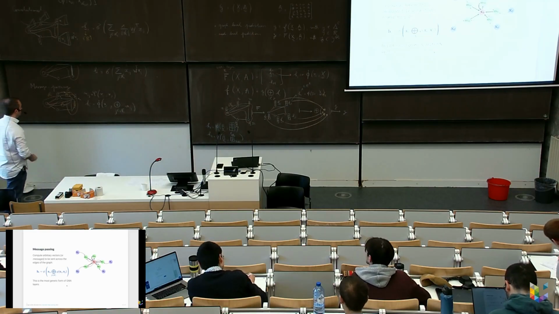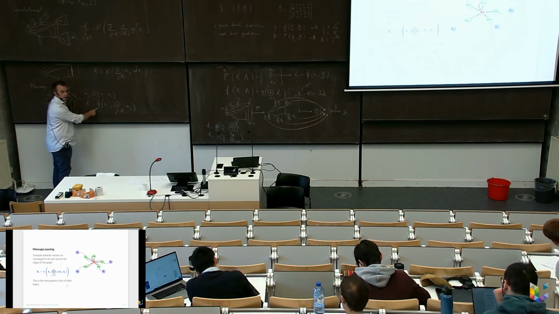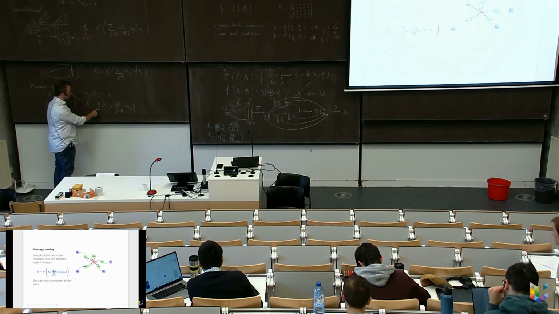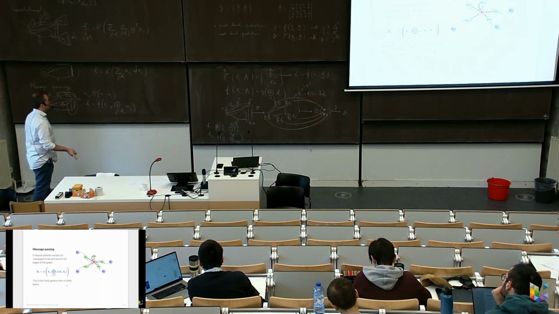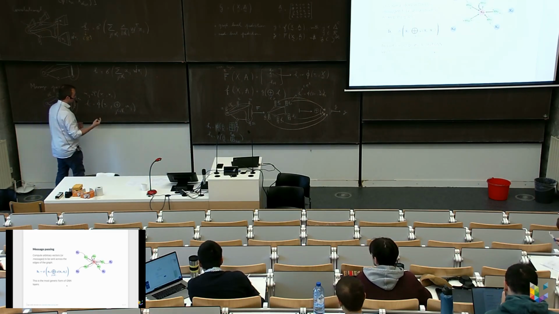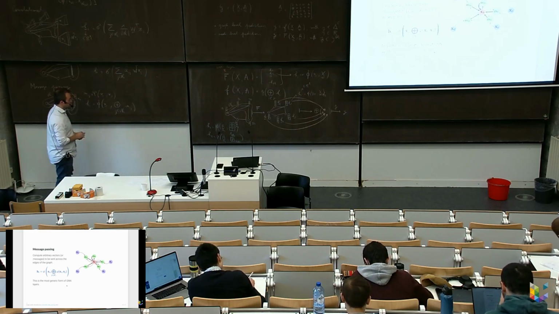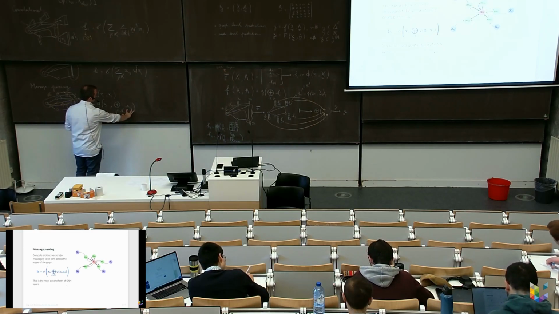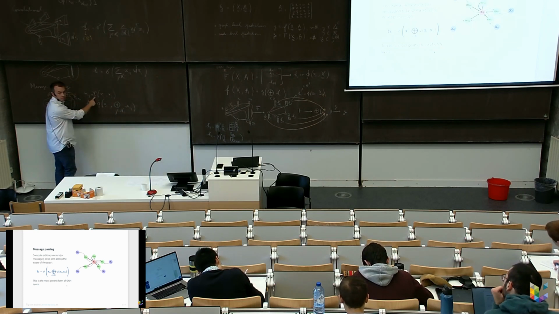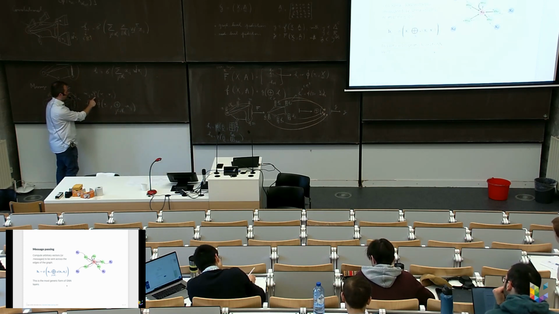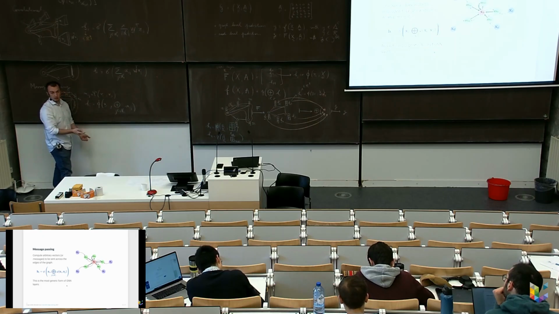Where phi can be any neural network, and this aggregator is something which is permutation invariant, like the mean or the sum, and these messages have been computed in this way by some function, calligraphic phi, which can be anything, like a neural network also.